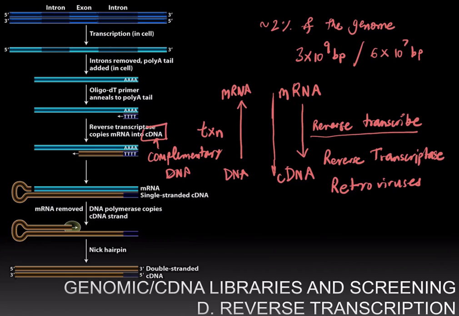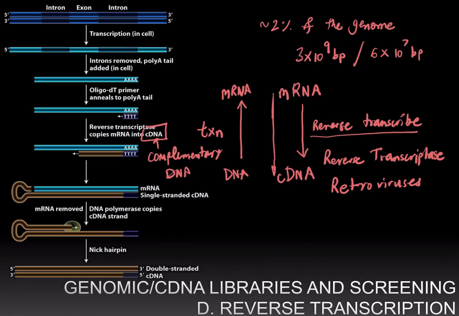And then this reverse transcriptase enzyme makes a hairpin loop and stops, and then you can use a DNA polymerase to make the other strand to get a double-stranded DNA, and then you remove the hairpin and end up with a double-stranded complementary DNA, which corresponds to the coding sequence of the gene that produces the final processed mRNA.